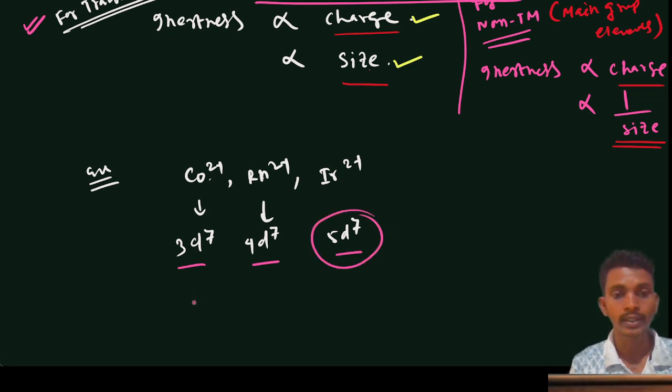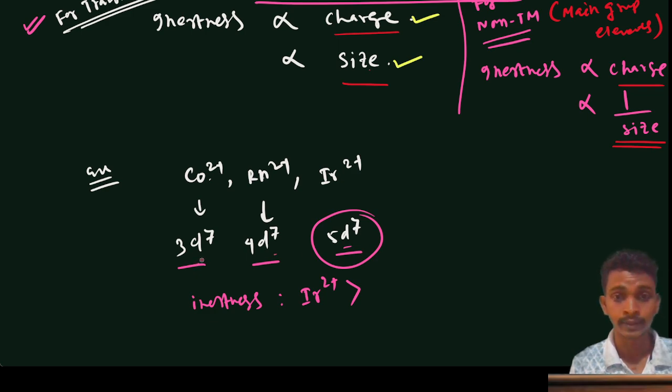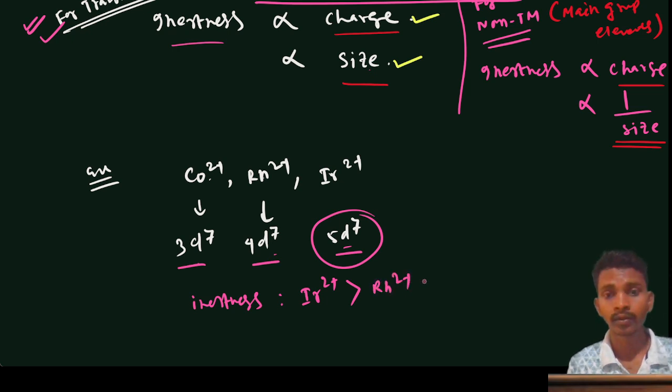So inertness will be highest for iridium. In all the cases it is d7 and the charge is also the same, so we look at size. For transition metal complexes, inertness is directly proportional to size. So iridium 2 plus, then this 2 plus, then cobalt 2 plus.